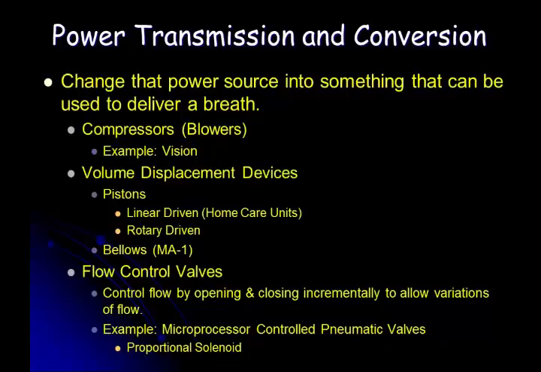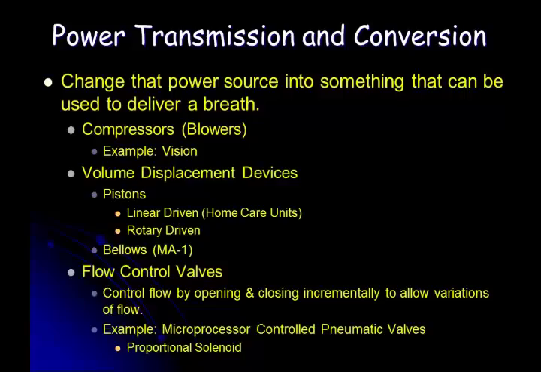Many of the ventilators have what is called a proportional solenoid. What the hell is that? A solenoid is an electromagnetic type of device that when current is applied, it moves something back and forth. Your doorbell is a perfect example.